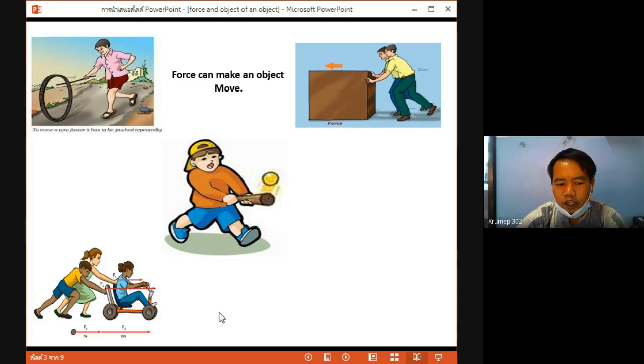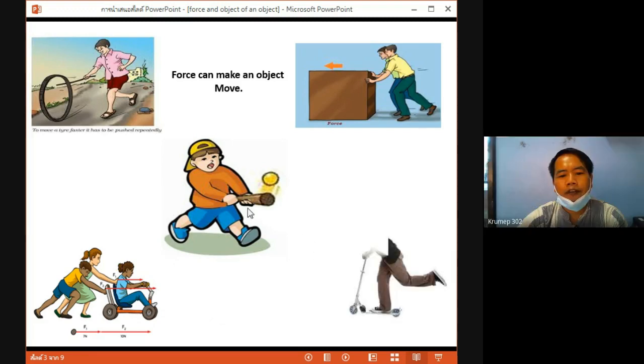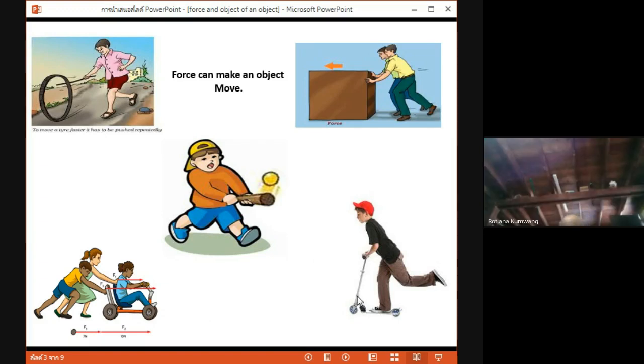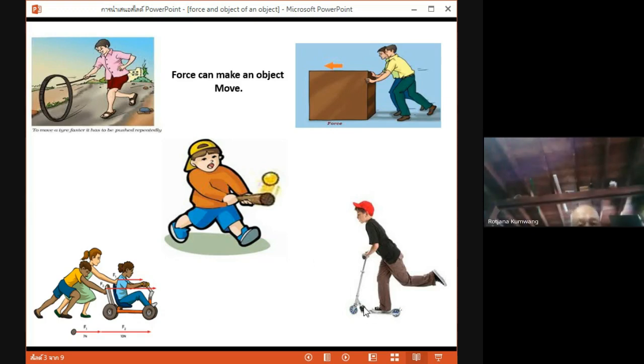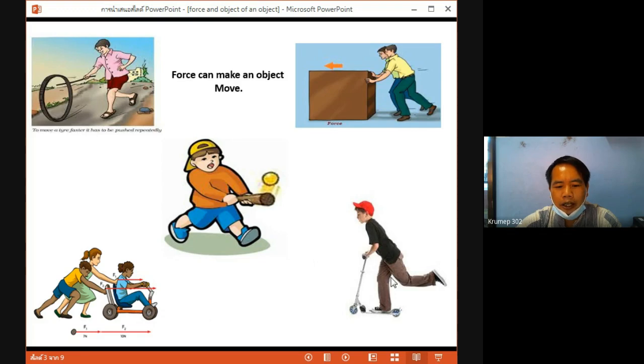So they are forcing the toy bike to move. And we have here also a boy riding in. What is the name of this? Scooter. Okay, very good. So the boy is riding a scooter.